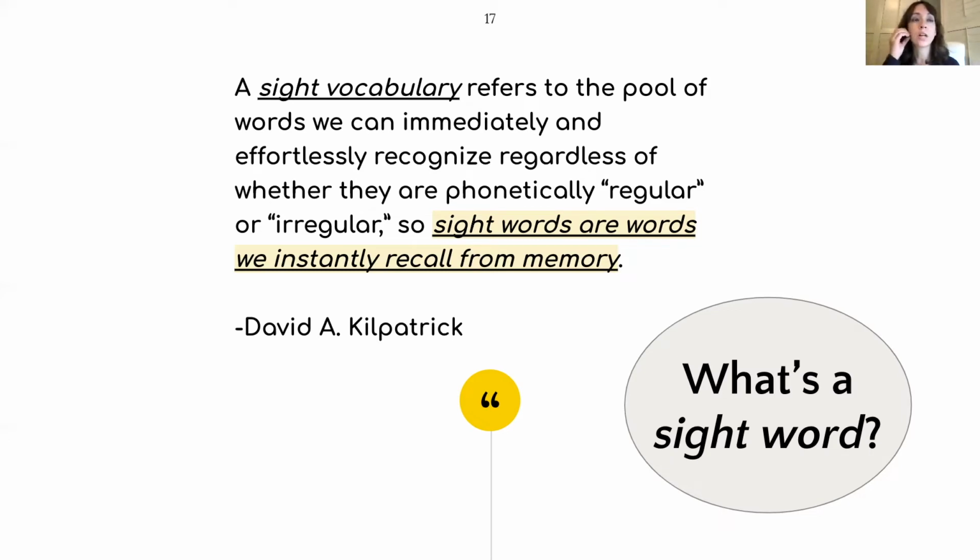So a sight word is just a word that we instantly recall from memory. But that doesn't mean that we store a picture of that word. We actually store words in our sight vocabulary by looking at those and learning and mapping those letter sound correspondences.